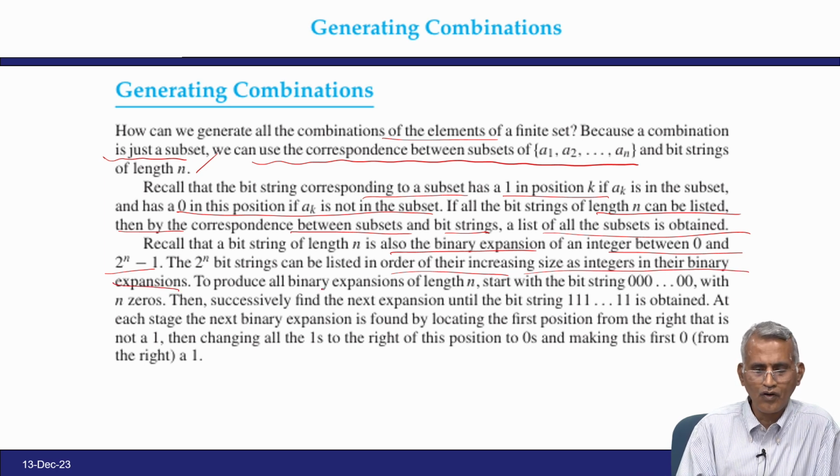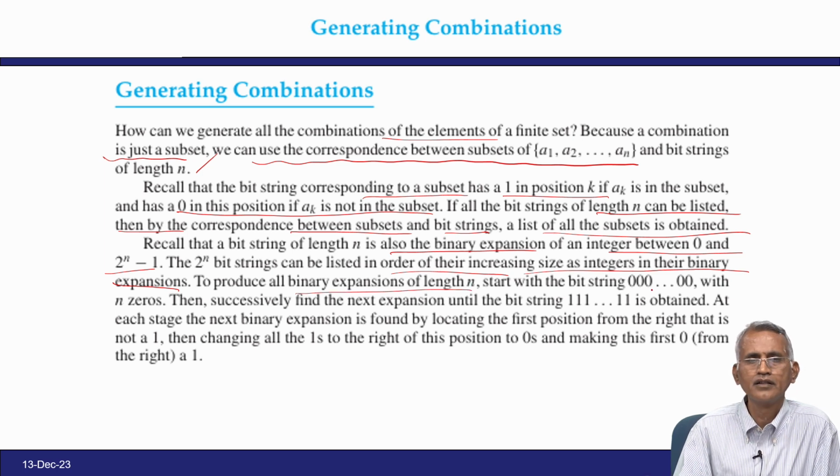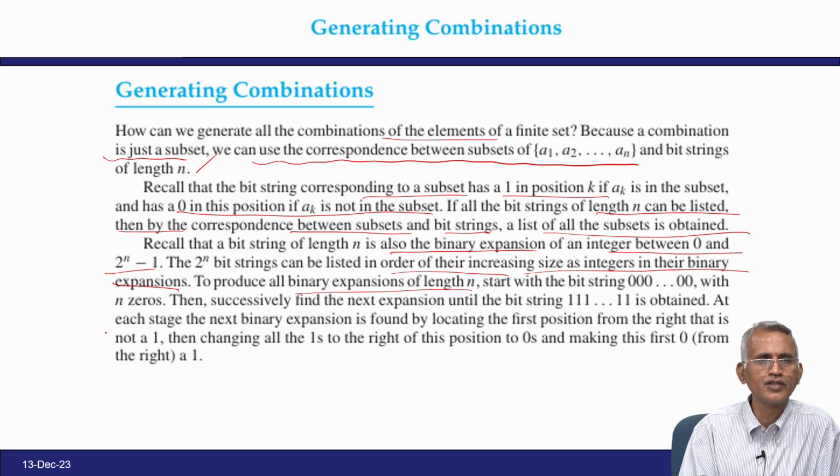To produce all the binary expansions of length n, start with the bit string 0, 0, 0 and so on with n zeros, then successively find the next expansion until the bit string 1, 1, 1 is obtained.